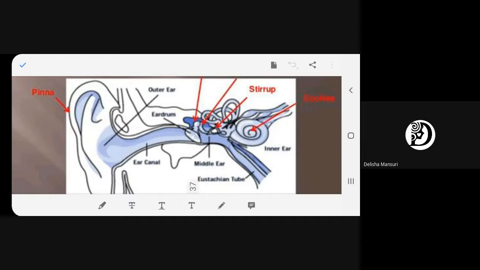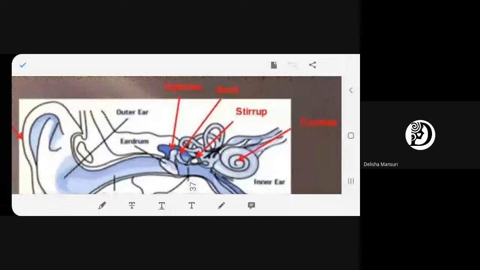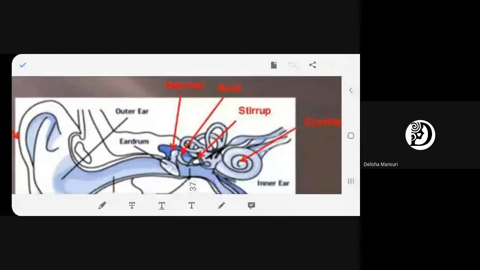Then this vibration goes to the middle ear. What is in the middle ear? This hammer, anvil, and stirrup. You see this? These are the three small bones: hammer, anvil, and stirrup.